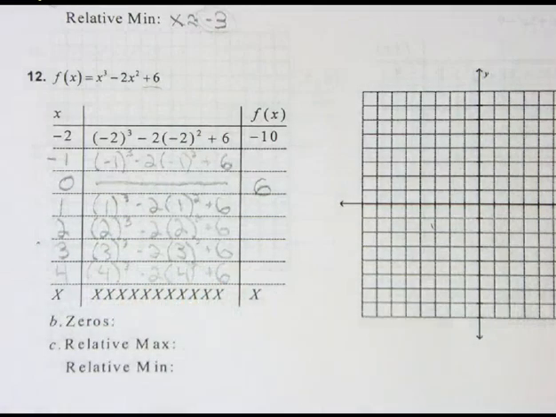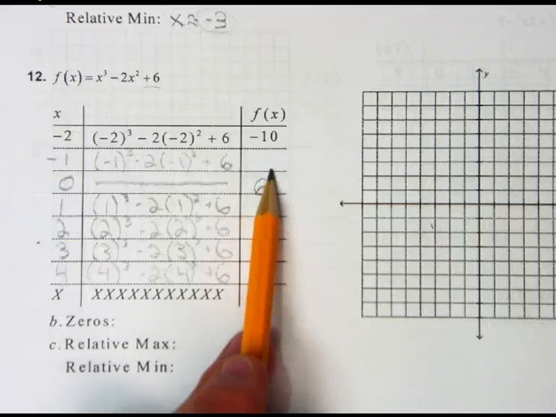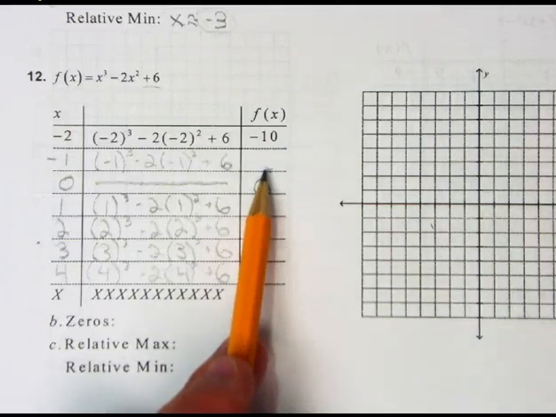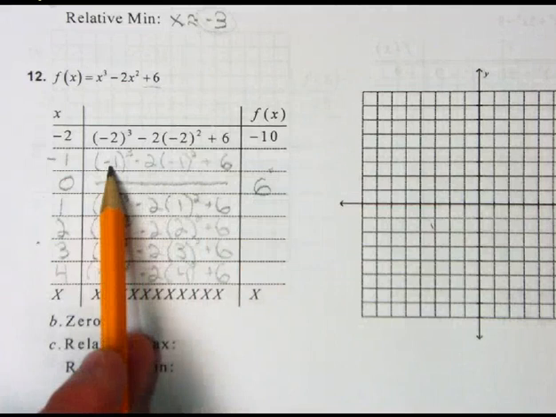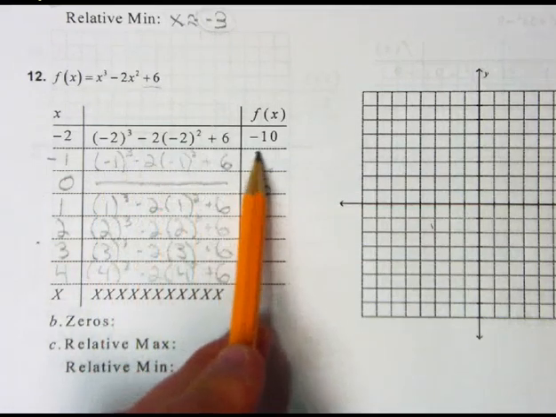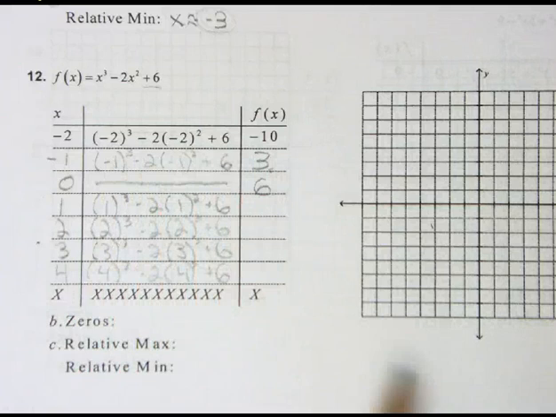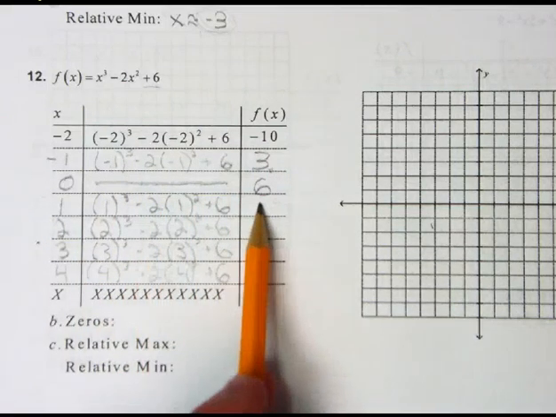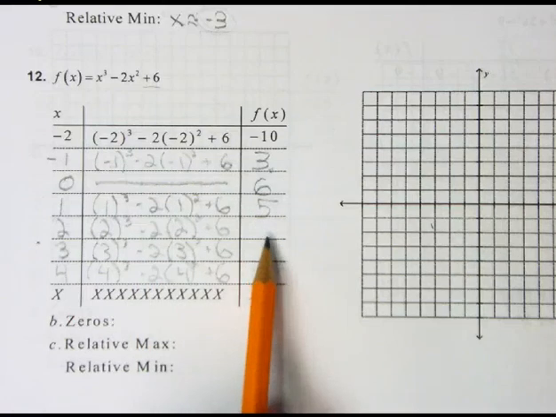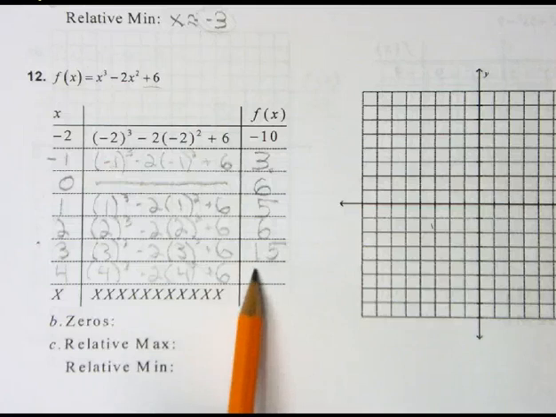Okay, what do we get when we plug in negative 1? What did it come out to? Should get 3, hopefully. About 1. And here at 5, good. And 2, 6, and 3, and 4. 38, good.